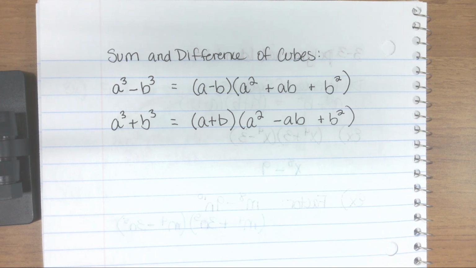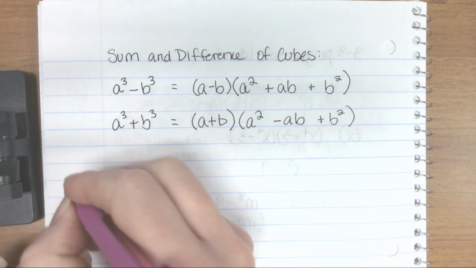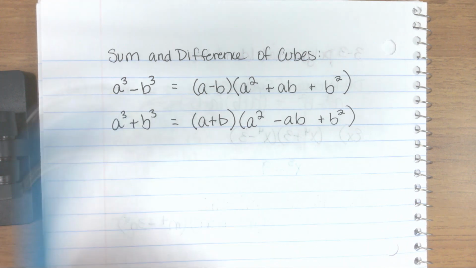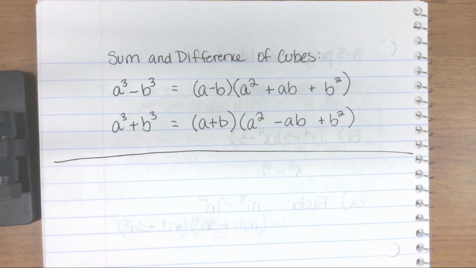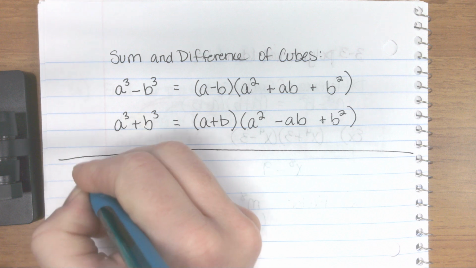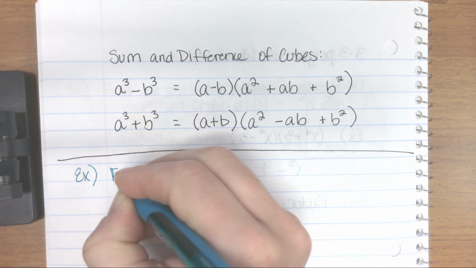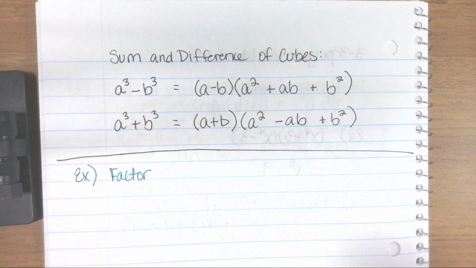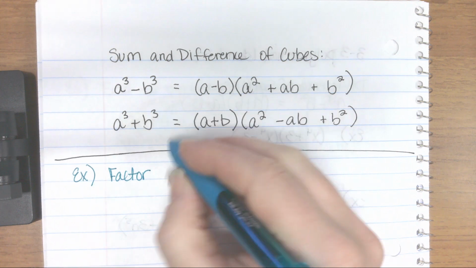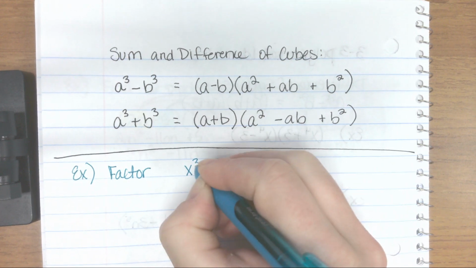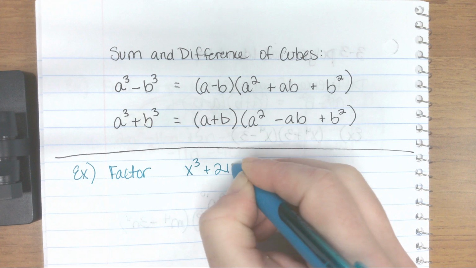So if I asked you to factor, this is my rule. If I asked you to factor, or use a polynomial identity to factor, x cubed plus 216.